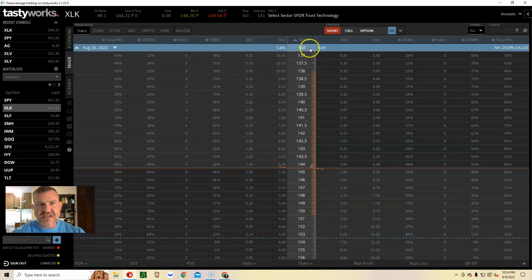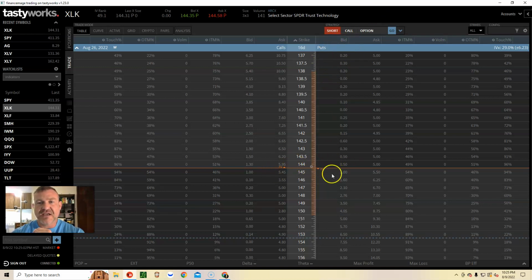All right, so we have 16 days till expiration. We got the strike price going down the middle, and we saw that XLK was around $144 on its chart. So right here is showing us that.